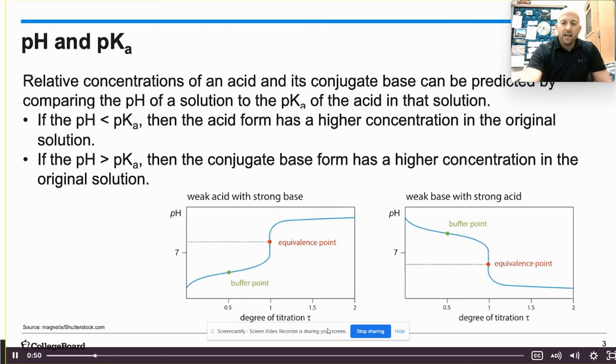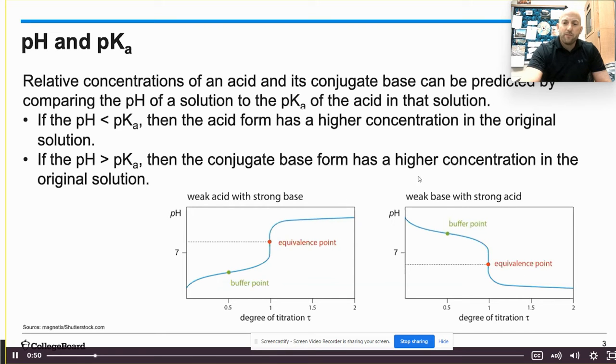So looking at these, this is the degree of titration, just basically an arbitrary value of now it's fully titrated. This is past the equivalence point. So with a weak acid and a strong base, we start off higher up. We end up having a higher pH. If our pH is greater than our pKa, that indicates that our conjugate base is stronger, which makes sense.